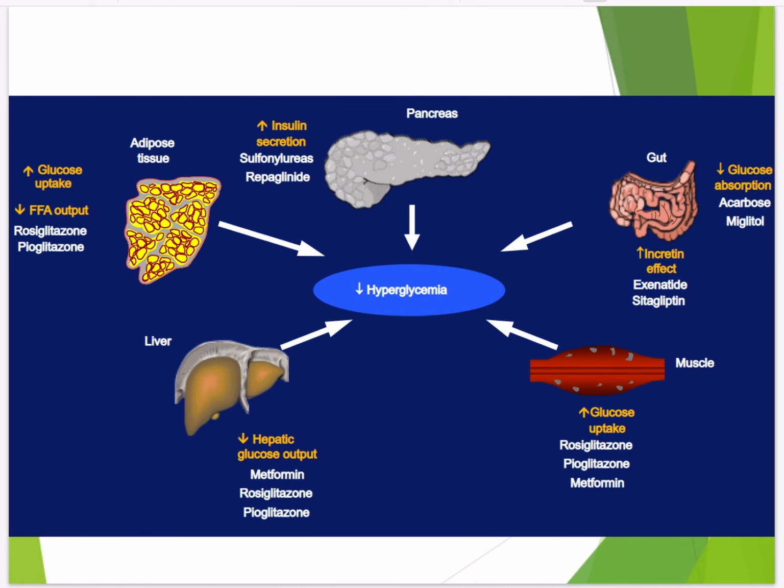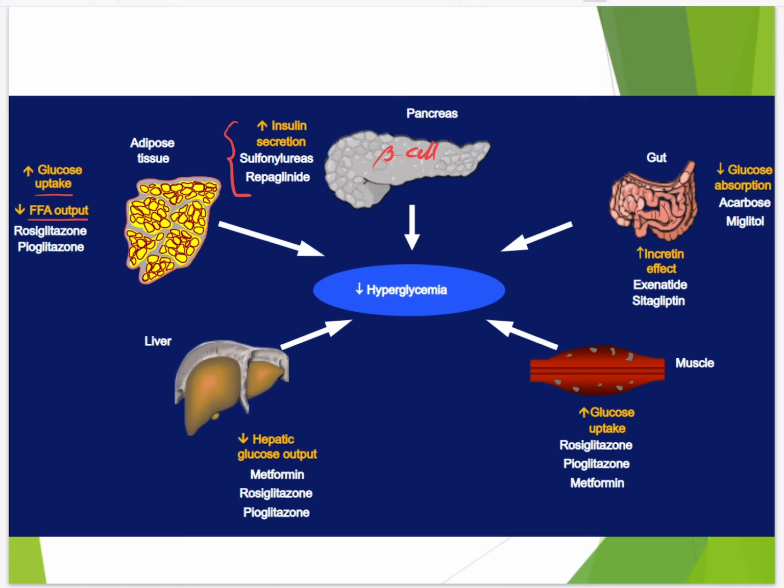Now I have explained the classification in this table, which can help in the treatment of diabetes. We can use insulin secretion drugs like sulfonylureas for the pancreas, acting on the beta cell to produce insulin. For decreasing fatty acid output and increasing glucose uptake, we can use rosiglitazone and pioglitazone.